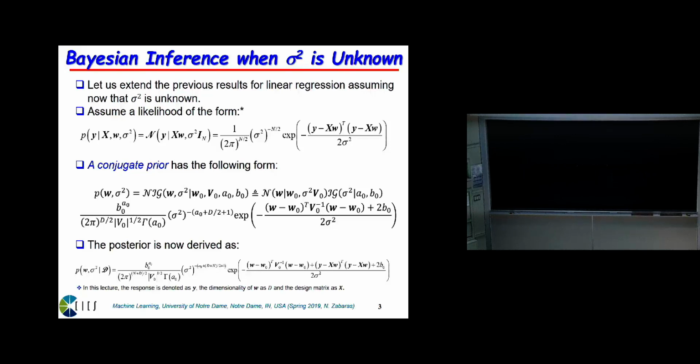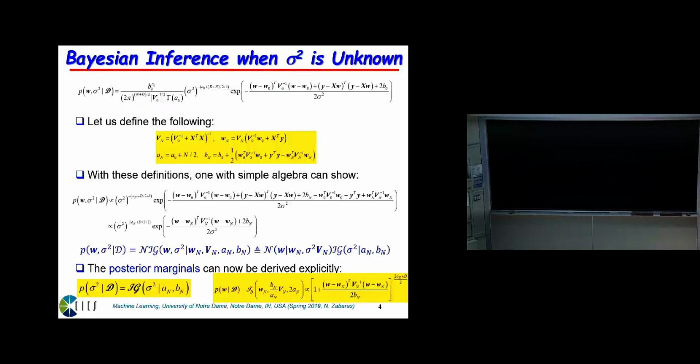So you take this, you multiply with that, you do some algebra, you rearrange things, and not surprisingly, the posterior comes out to be what? A normal inverse gamma, right? Because they are conjugate. Before we had the W0, now it becomes the Wn, which is given by this nice formula.